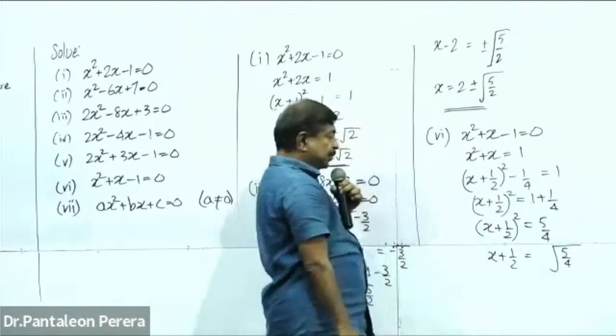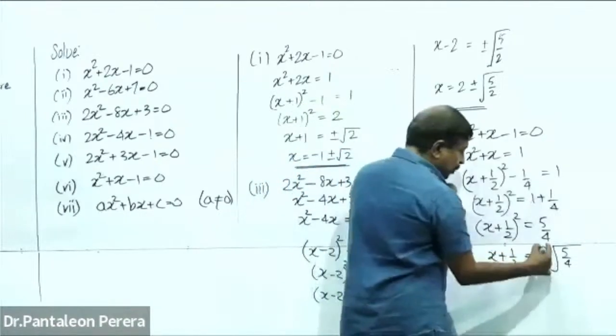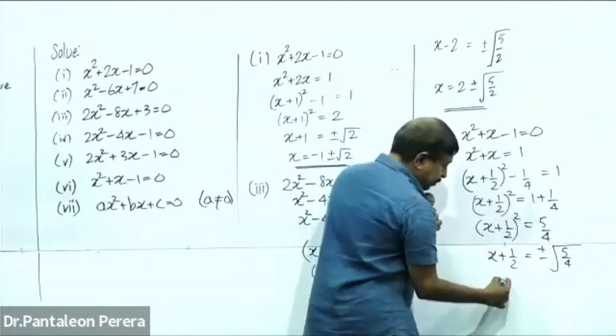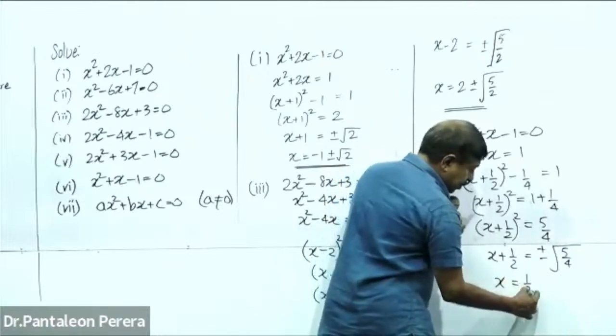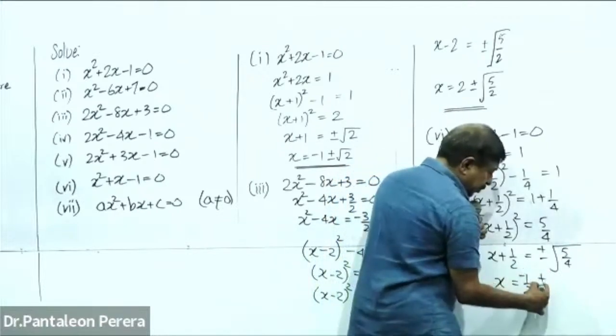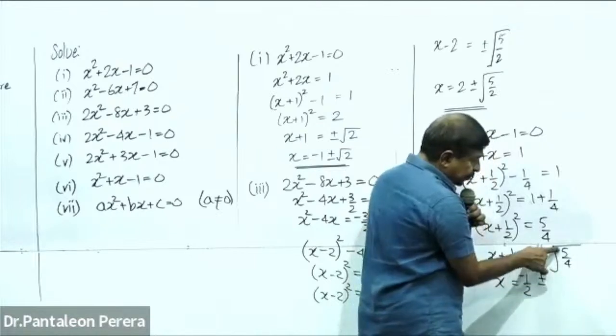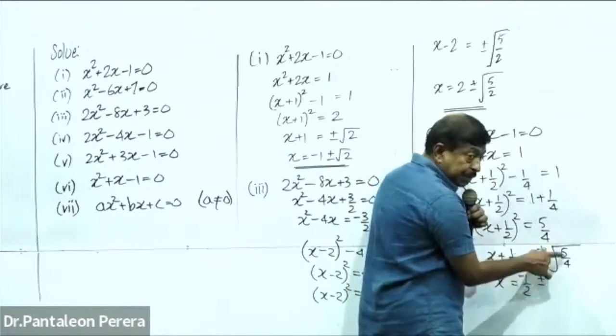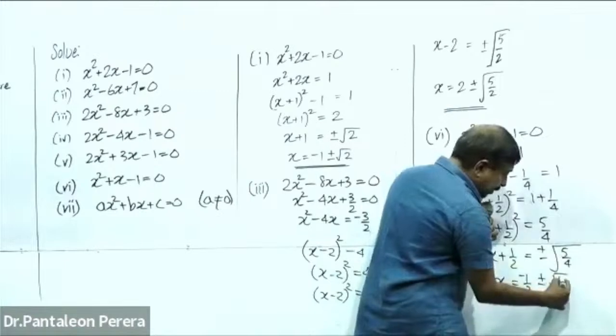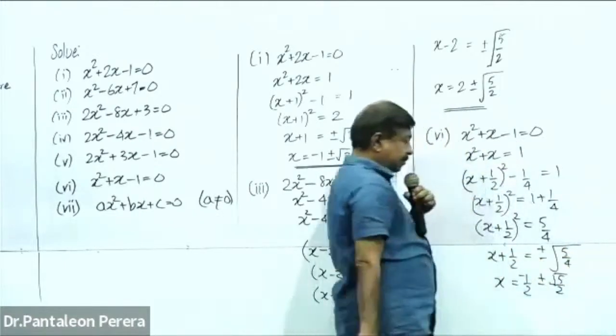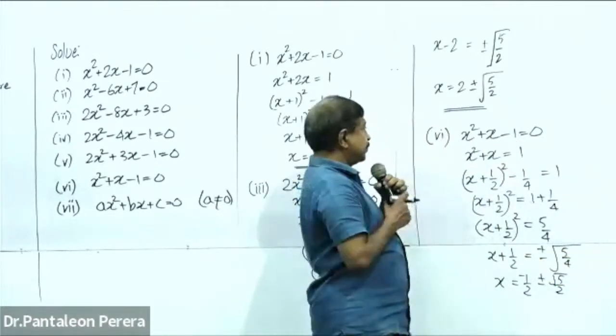You have to introduce plus or minus to one side, but usually you introduce it to this side. It will make your life easier. Minus half, plus or minus. When you get the square root, you can take the square roots of both the upstairs and the downstairs. It will leave you with this, right?